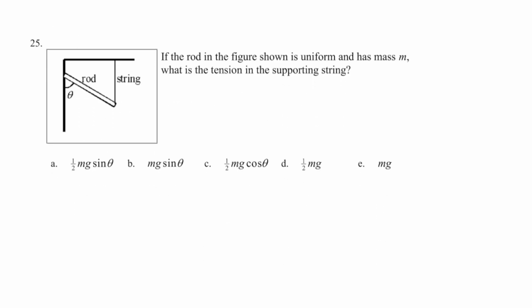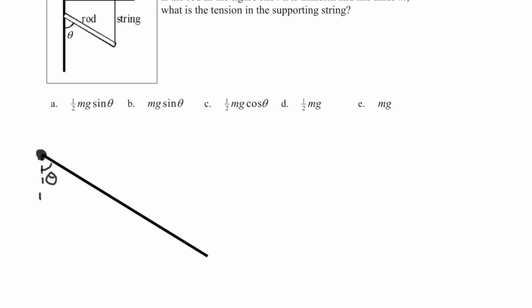The rod in the figure shown is uniform and has mass m. What's the tension in the supporting string? Well, once again, I'm going to use my typical trend of figuring out the point I don't care about and doing the torques about there. I definitely don't know what's going on at that hinge point, so I'm just going to sum up all my torques from that point.